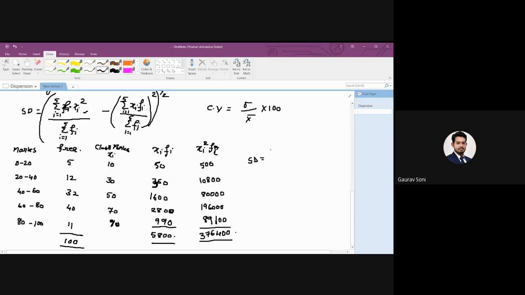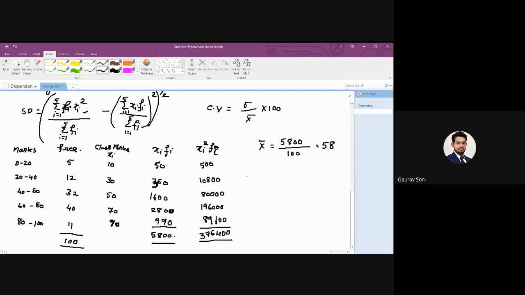Standard deviation is under root. Let's find out the mean first of all, as we'll need it in coefficient of variation. So the mean x bar is summation xi fi, which is 5,800, divided by the frequency, which is 100. So it is 58.